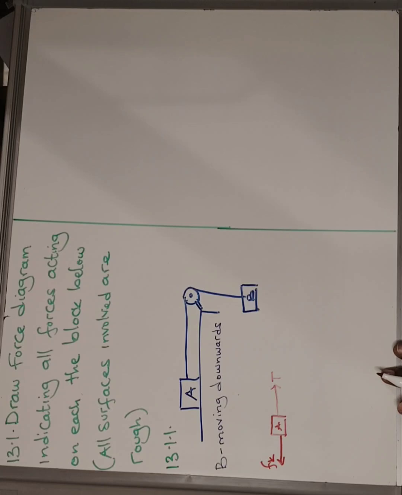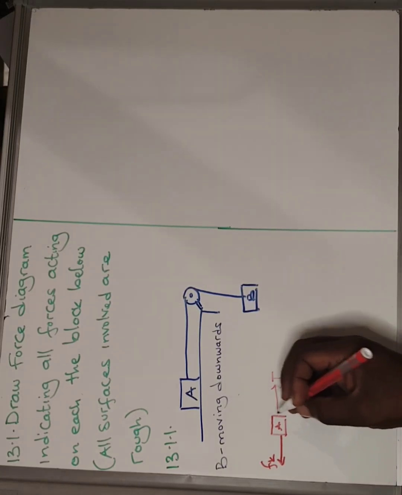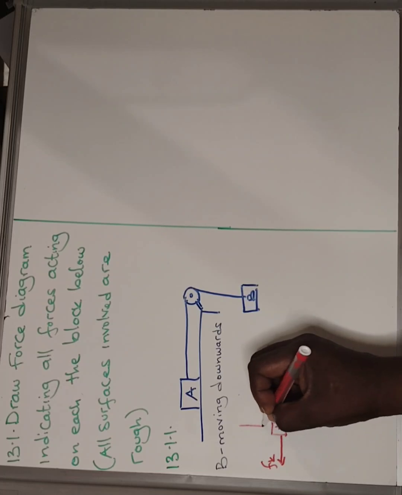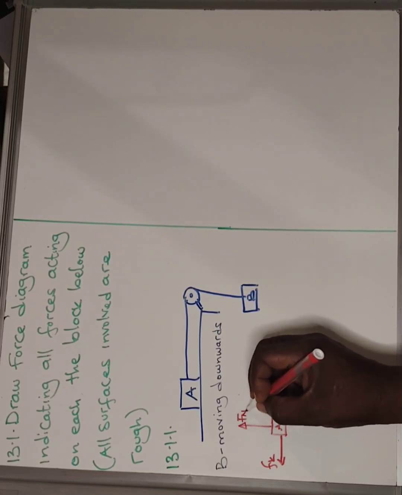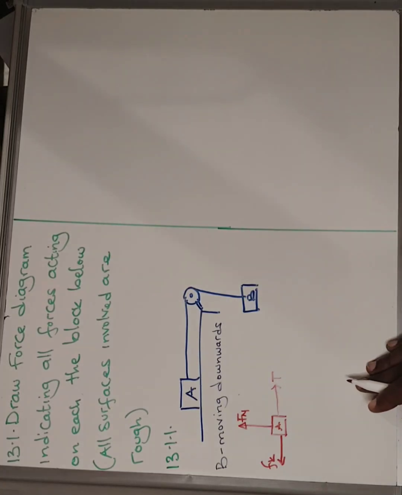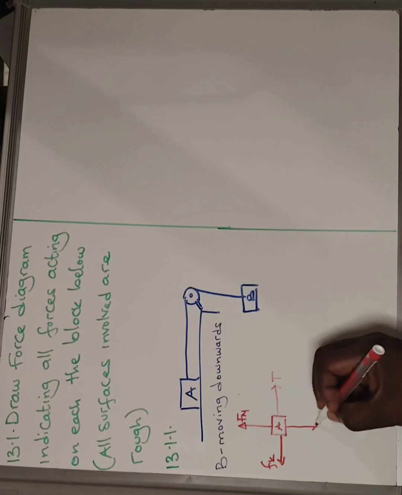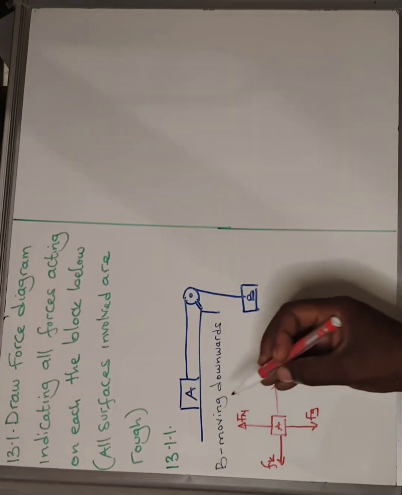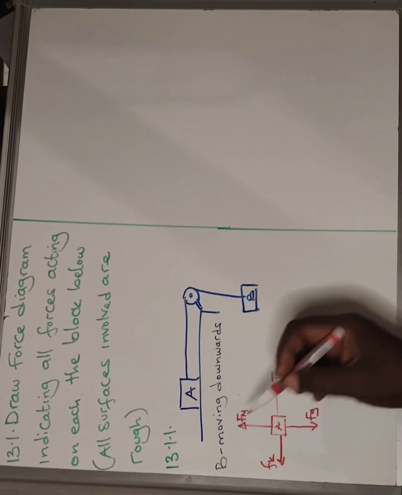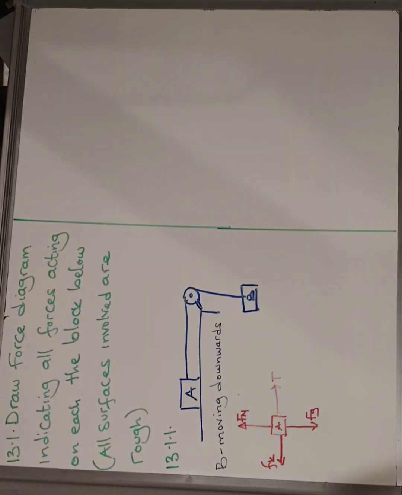Next, the body is sitting on the ground, so it has normal force. Next, there is our traditional gravitational force acting on it downwards. So this is the force diagram indicating all forces acting on A.